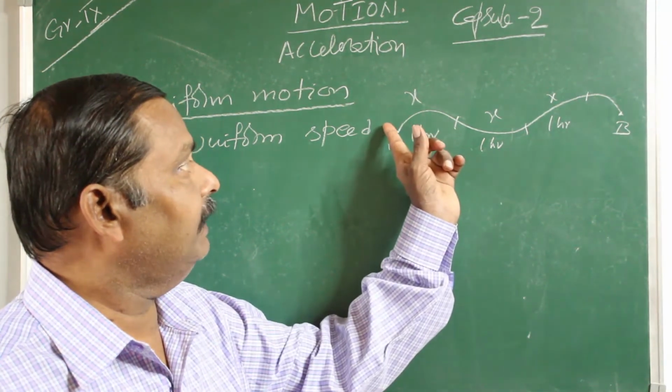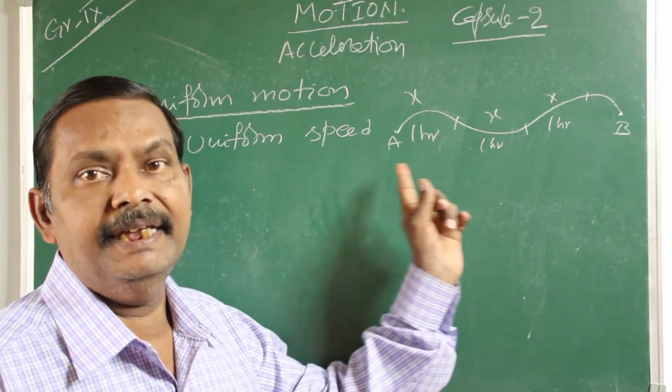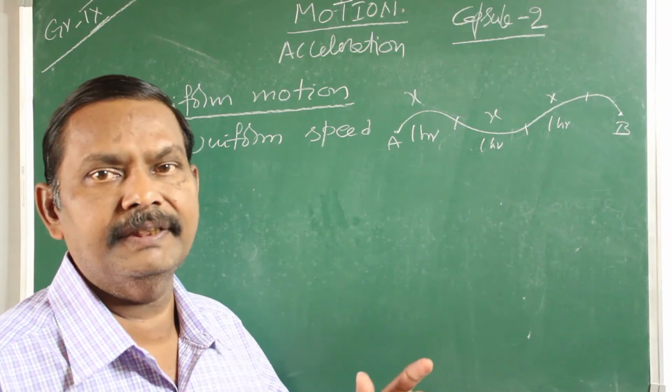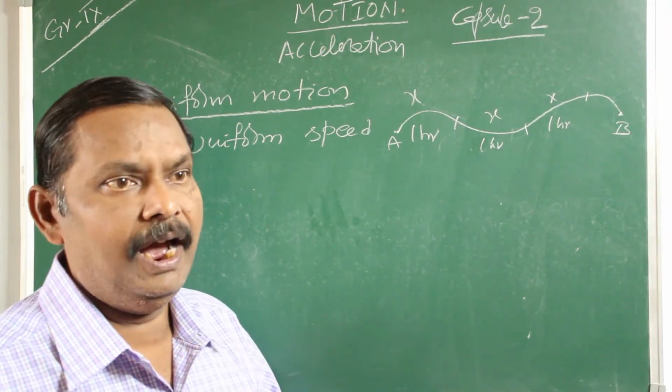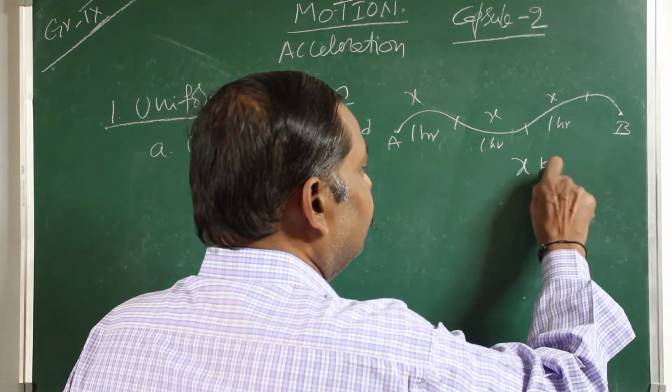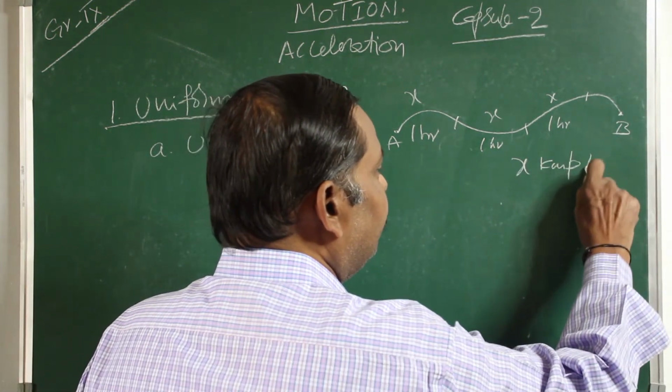So, traveling equal distances in equal intervals of time, in this situation we will say the body is traveling with a uniform speed. And of course, the speed will be x kilometers per hour.